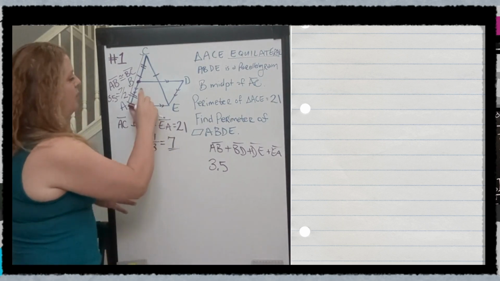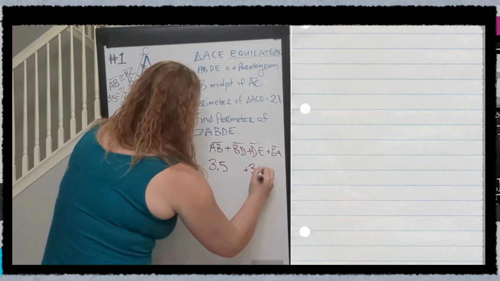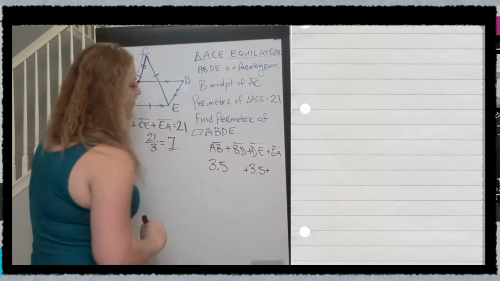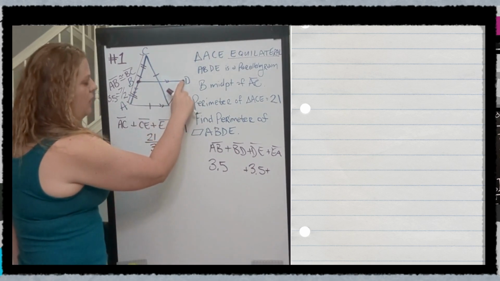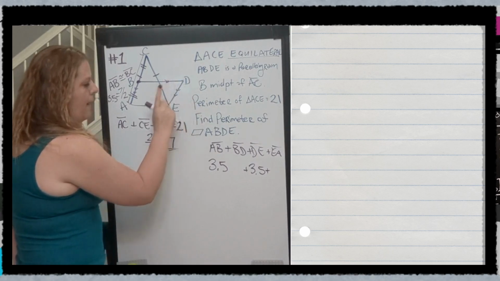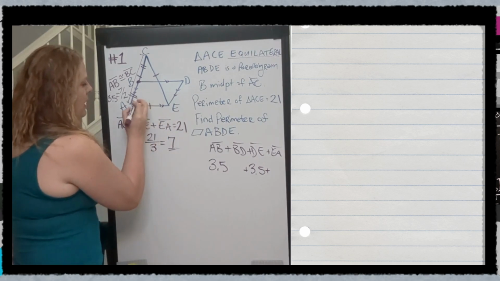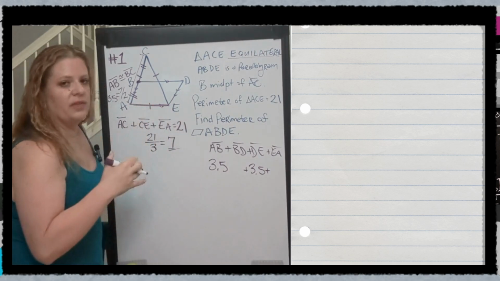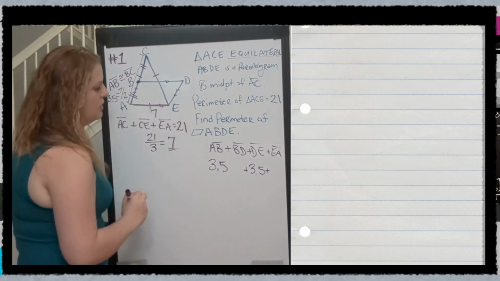Because it's a parallelogram, we know it's congruent to DE. That means DE is also 3.5. BD, from here to here, we don't know yet, but we know AE is just one length of that triangle. So that means it is 7 units long.